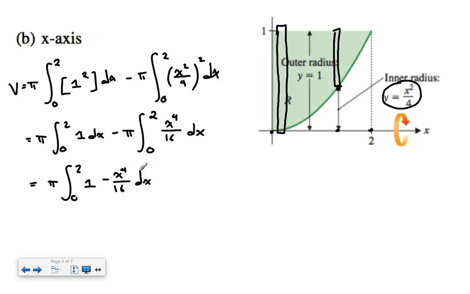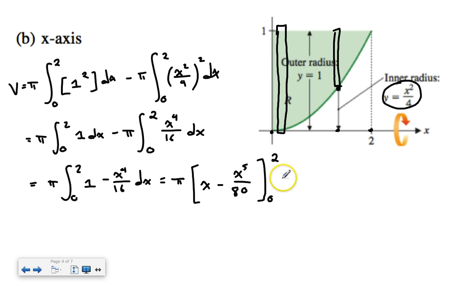Taking the antiderivative of the inside, it would be pi times the antiderivative of the inside, which is x minus x to the fifth over 80. And I'm evaluating from 0 to 2. Since 0 is my lower limit, I don't have to evaluate it.